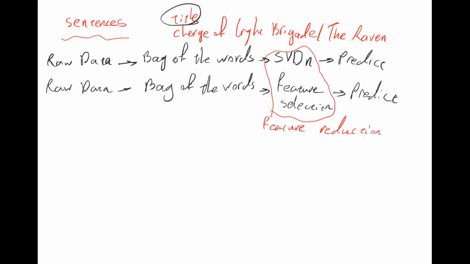So if bag of words and feature selection is more difficult, I recommend trying that. Another approach could be raw data, bag of words, using TF-IDF plus SVD, then predict. So you can have one SVD without TF-IDF, one with TF-IDF, and another one with just feature selection. And you can compare results and see which one gives you the best possible outcome.